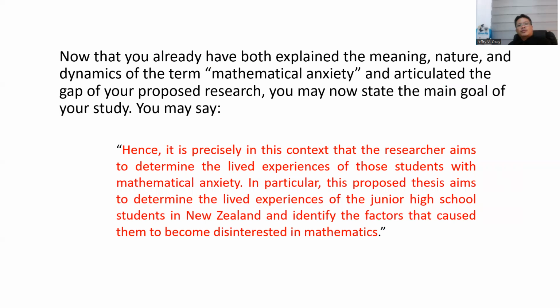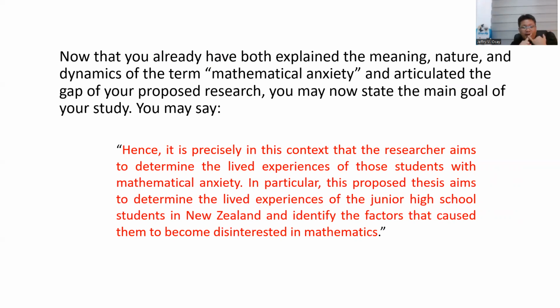And now that you have explained the meaning, nature, and dynamics of the term mathematical anxiety and articulated the gap of your proposed research, you may now state the main goal of the study.